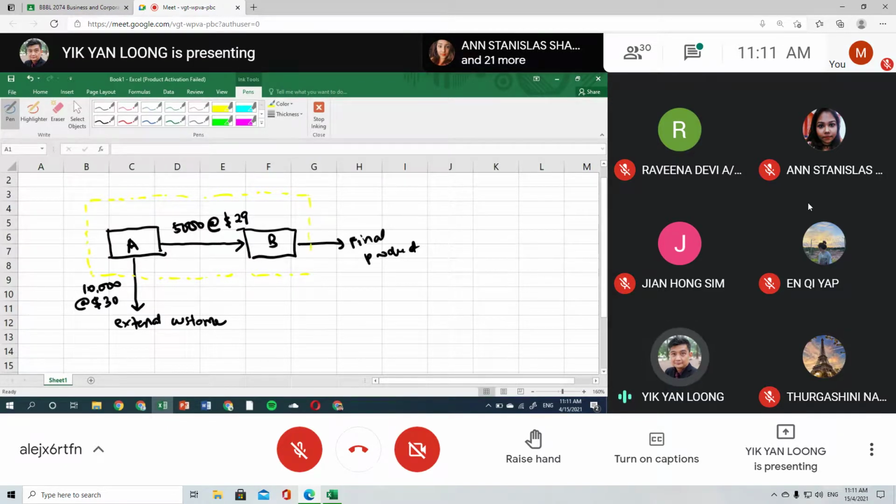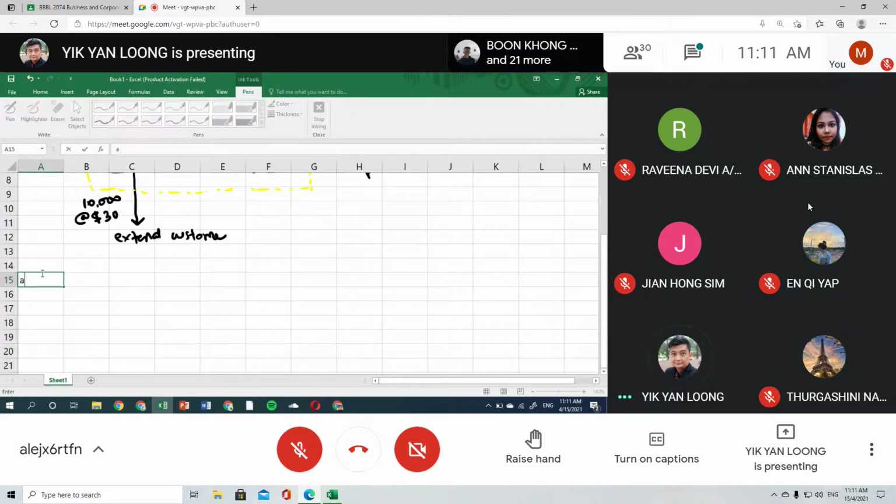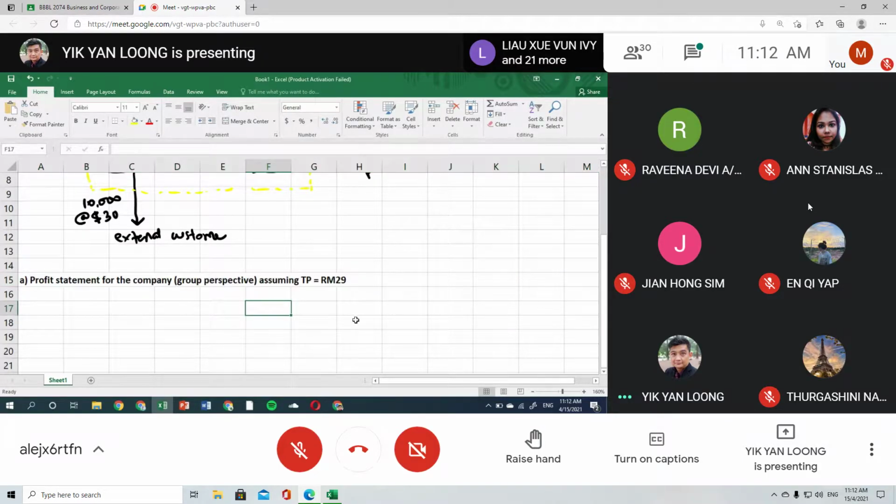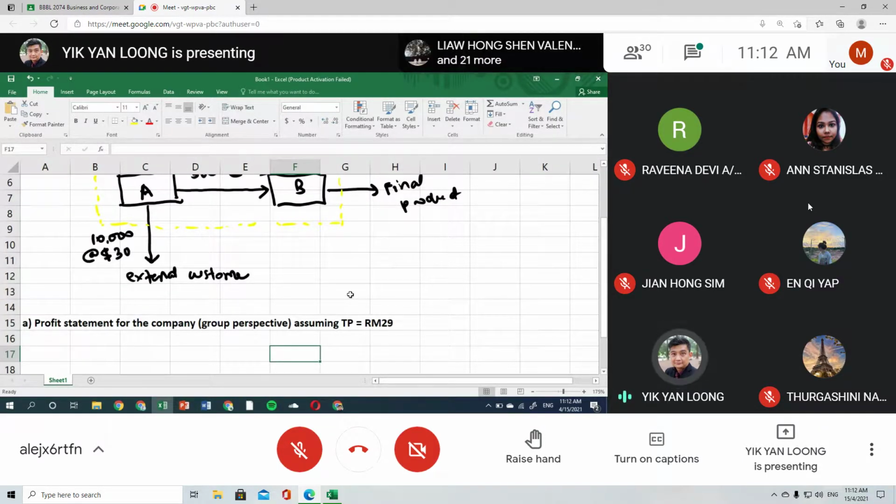So we prepare the profit statement from the group's point of view for part A. Profit statement for the company from the group perspective, assuming transfer at 29 ringgit.